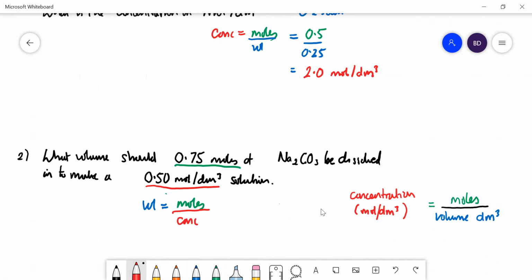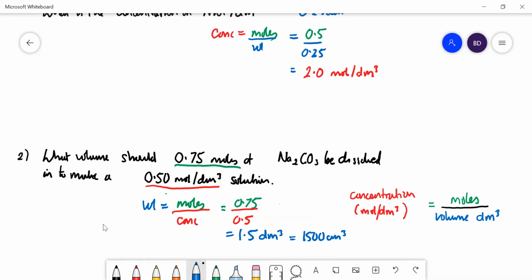The number of moles we've got is 0.75, and the concentration is 0.5. So that is equal to 1.5, I think, isn't it? Yep, 1.5. And the units are going to be dm cubed. So if you prefer centimeters cubed, that's 1,500 centimeters cubed.